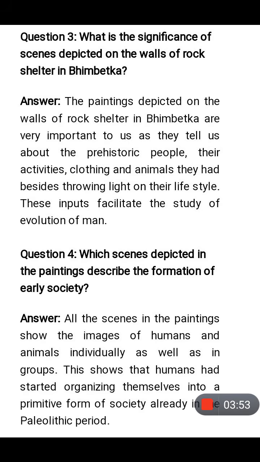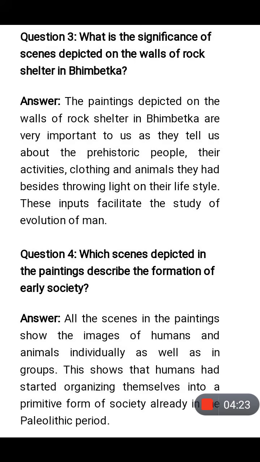Okay. Now we have the next question, and this is a subjective type question. The question says, what is the significance of scenes depicted on the walls of rock shelters in Bhimbetka? Basically, this question asks what is the importance of all those paintings, those scenes painted on the rock shelters of Bhimbetka.